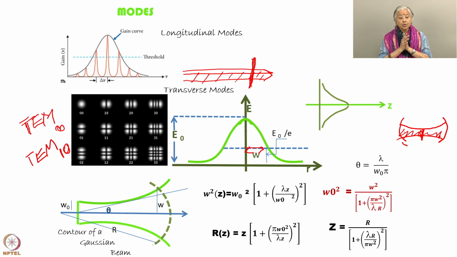So, what wave optics is giving me is the modes, the transverse modes, as well as within the resonator where the beam becomes narrowest, what is the value of that narrowed part, and at any other point we want to know what is the width.